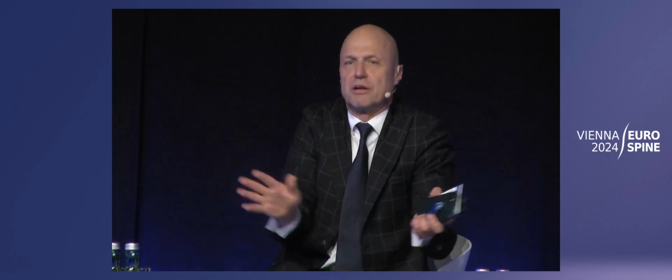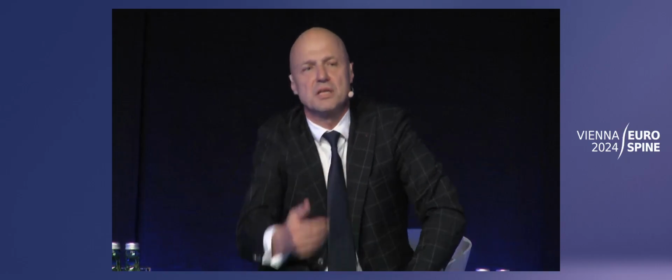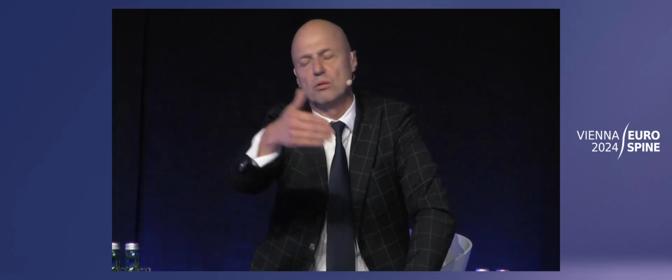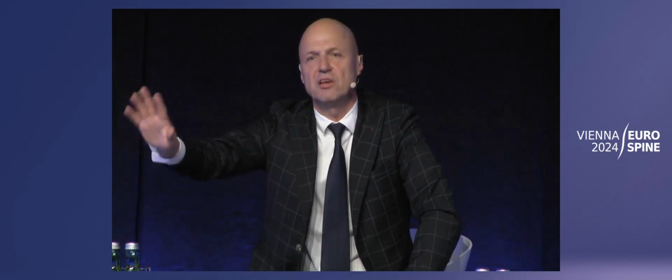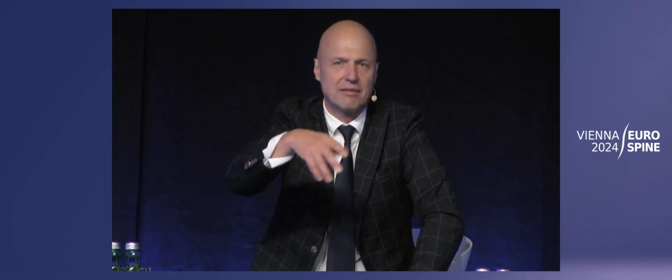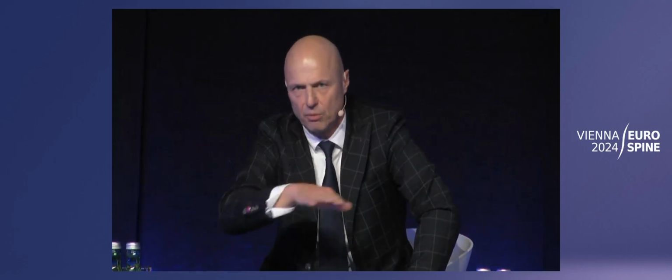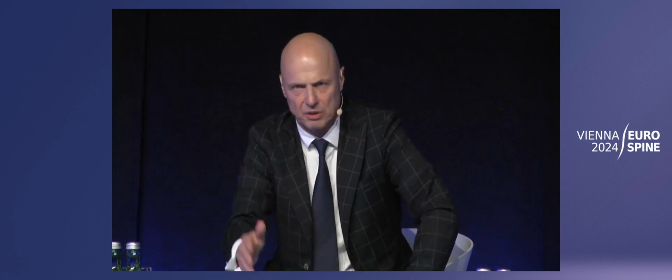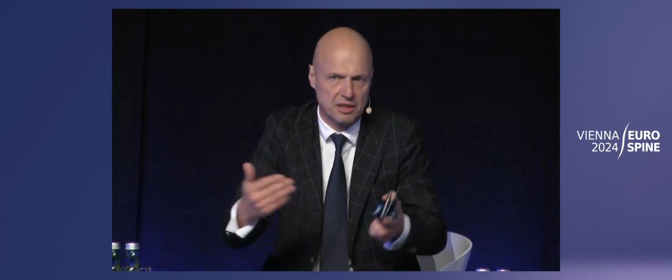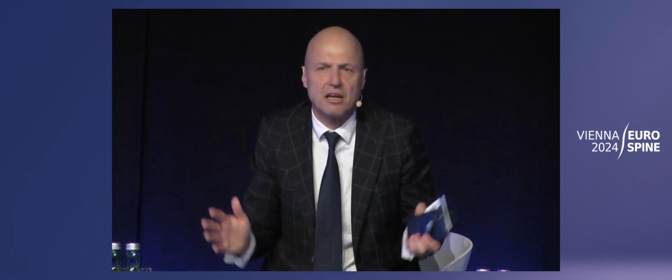That's possible. It's already done using, for example, MRI to make a CT-like image. So the same can be done to, for example, look at vacuum phenomenon in the vacuum disc. I'm sure that's possible. Maybe there's no solution out there clinically available, but technically, I think, it should be possible. Thank you.